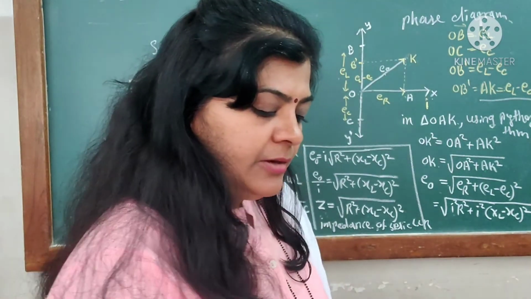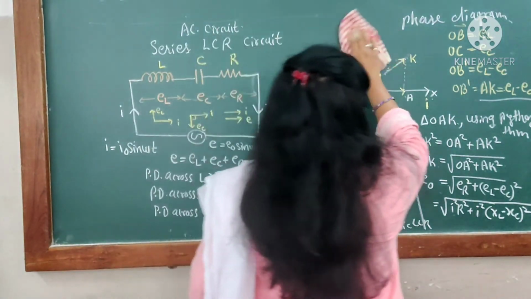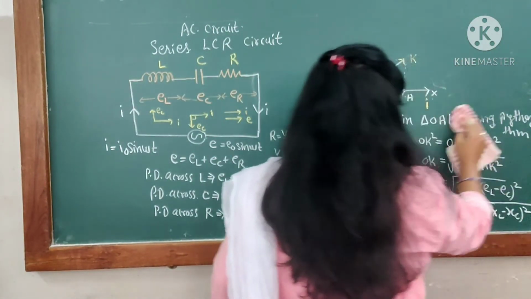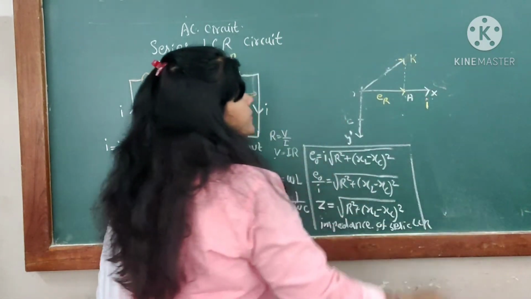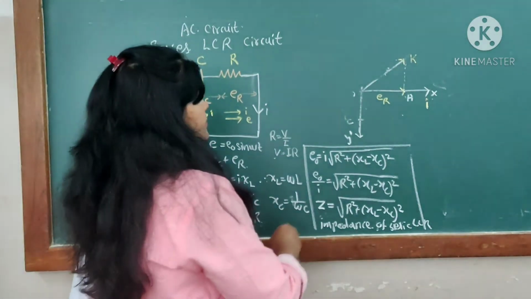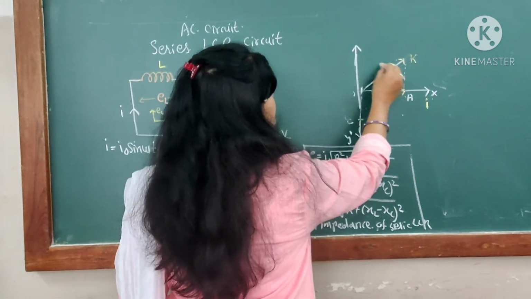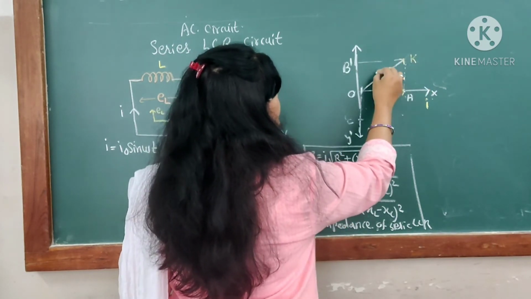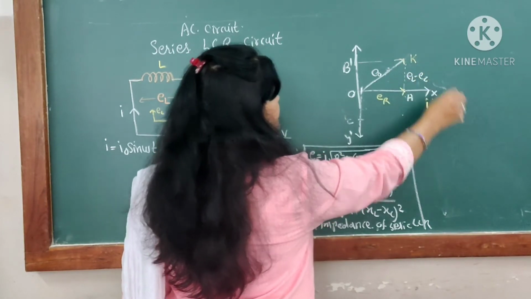Now after that we come to the next point, the phase diagram. E naught, EL minus EC.